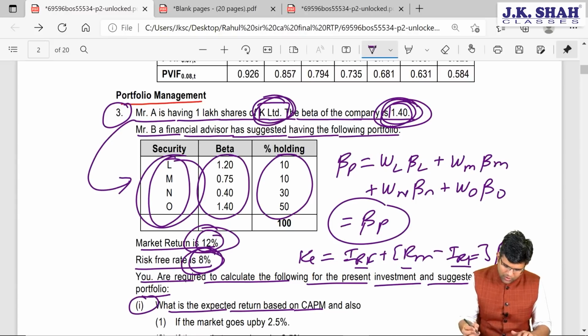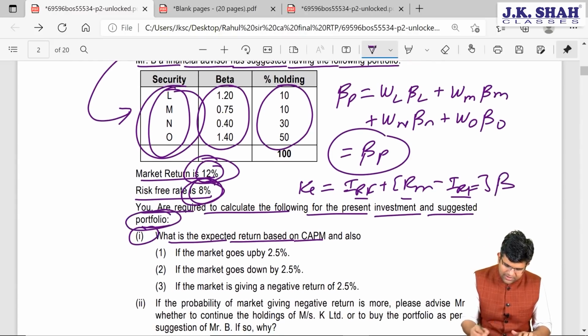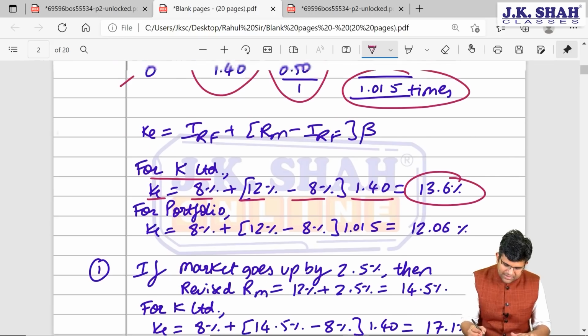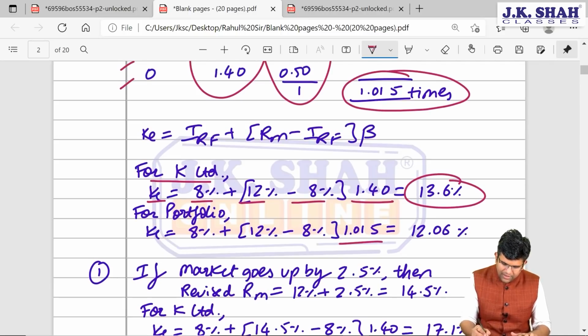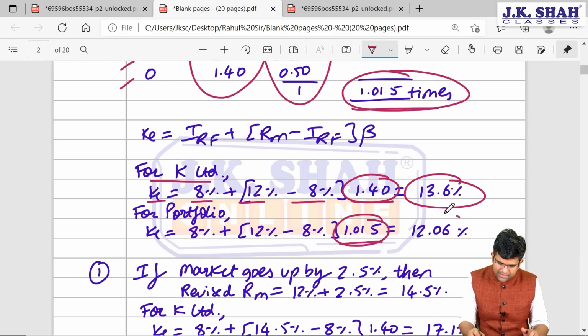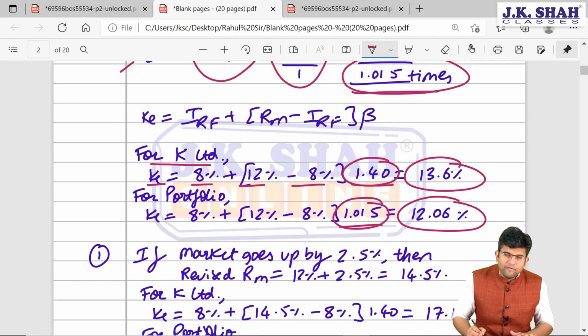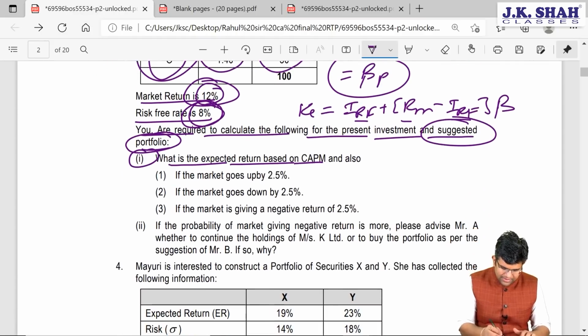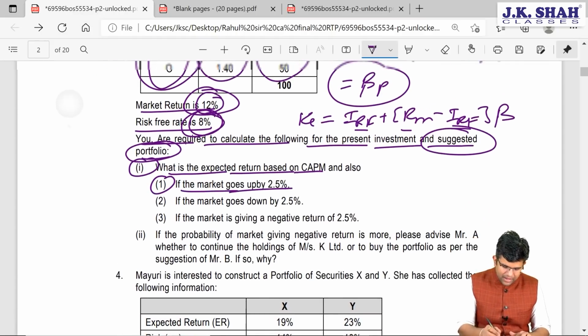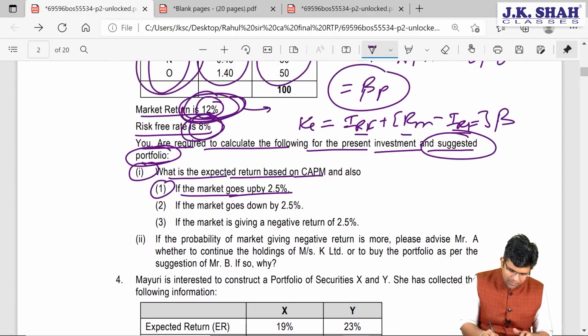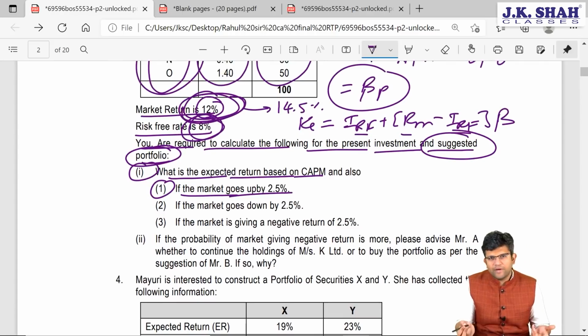And now they are also asking you to calculate the KE for the suggested portfolio. Now children, everything will remain same. It is just that instead of 1.4, we will take the beta of the portfolio. Everyone clear? Instead of taking beta of K, we will take beta of portfolio. Everything else same. You will get the KE for the portfolio. Then children, they are saying, what if RM goes up by 2.5%, which means this 12% RM, what if it becomes 14.5%?